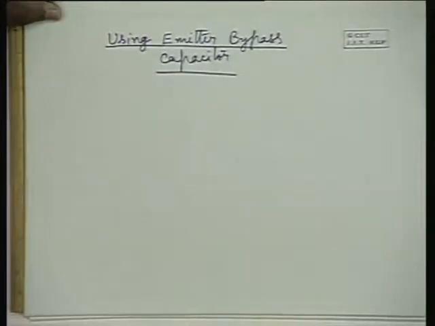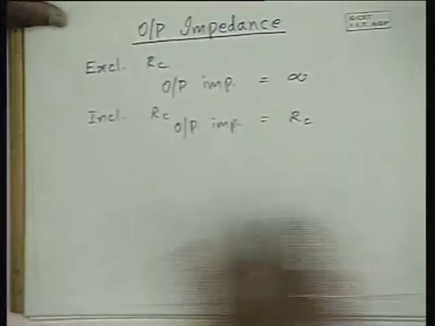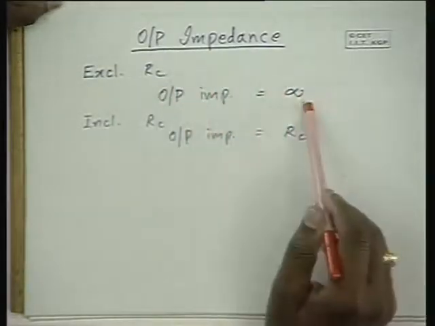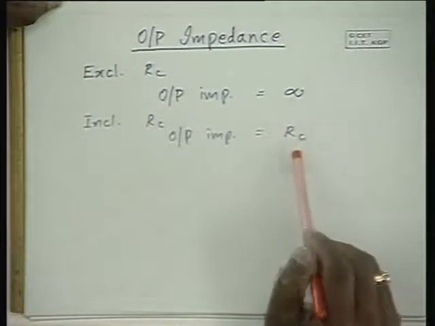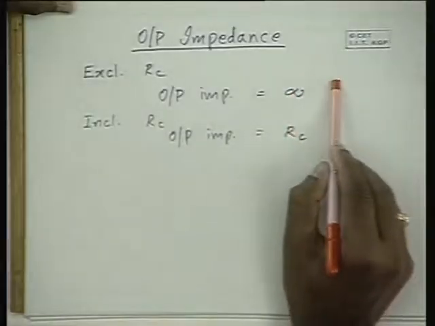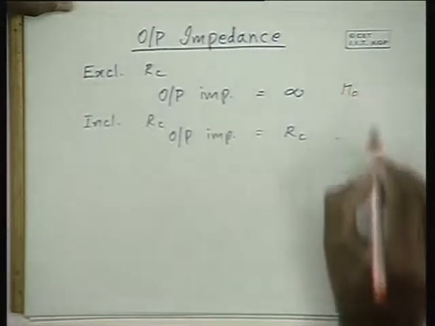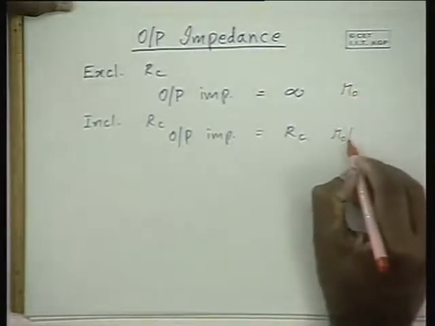As far as the output impedance is concerned, there is no change, and with RC excluded it is infinity, and with RC included it is RC. If you are going for accurate analysis, including that parallel resistance between the collector and the emitter terminals, this is going to be R0, and this would be R0 in parallel with RC.